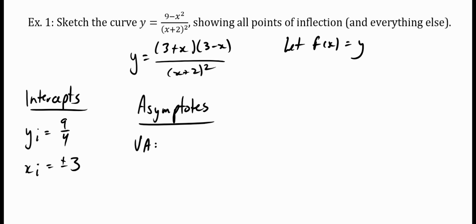Has anybody figured out the y-intercept? Nobody? Anybody? 9/4. 9/4. How'd you get that? Maybe this is obvious. I don't know. But honestly, I can imagine some people might have had to really think about that.